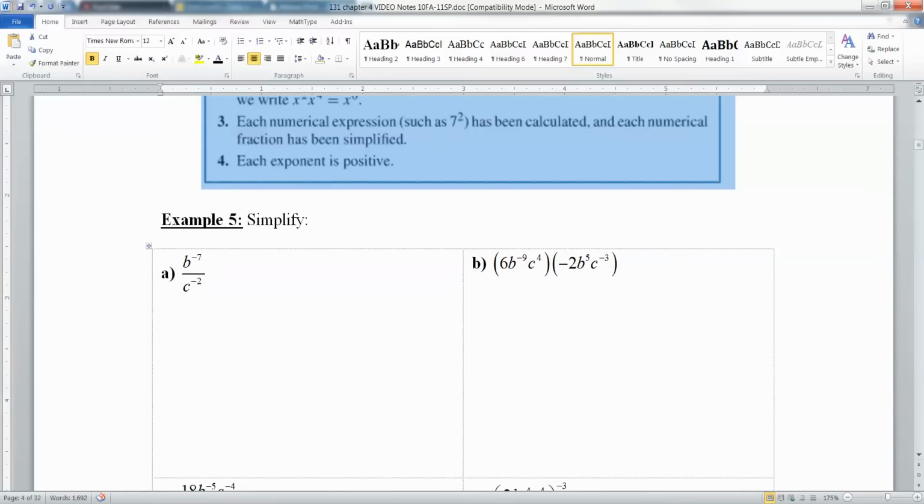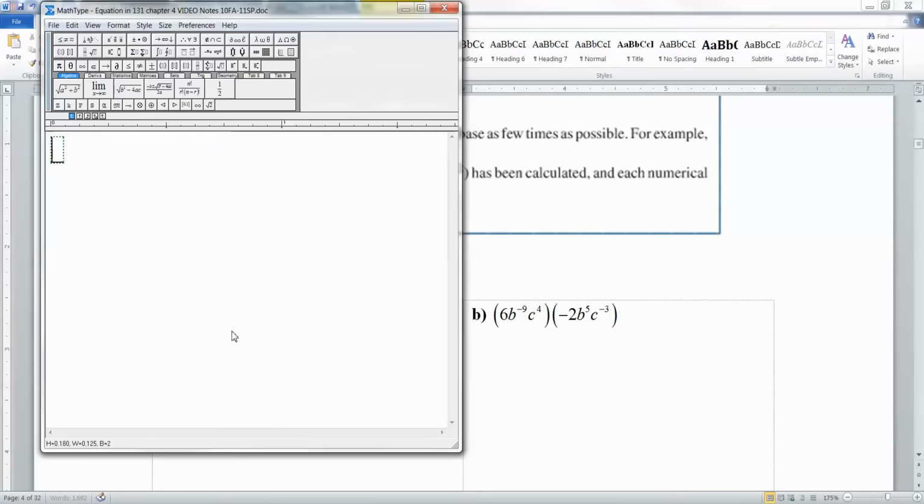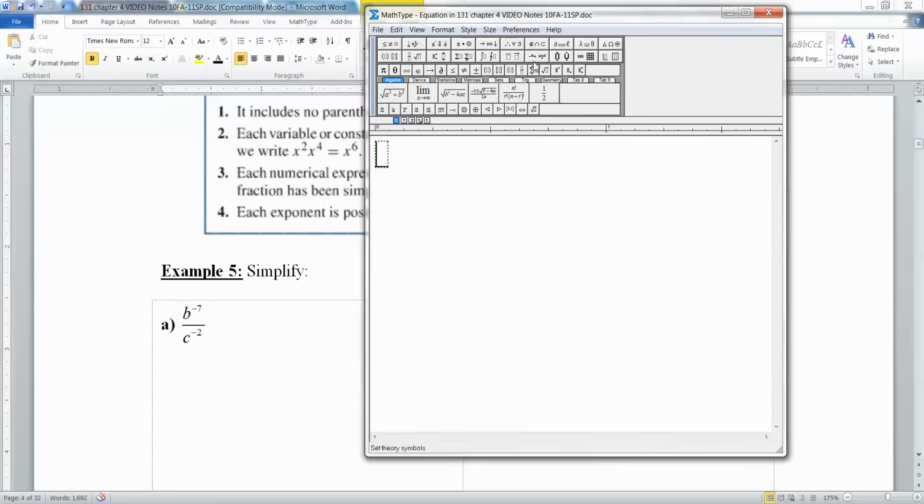All right, so example A is really very similar to the one we just did, but actually easier. So this is not going to be hard at all. All you have to do, I know English teachers out there are cringing, is move the C, not X, C up and the B down. And that's it.